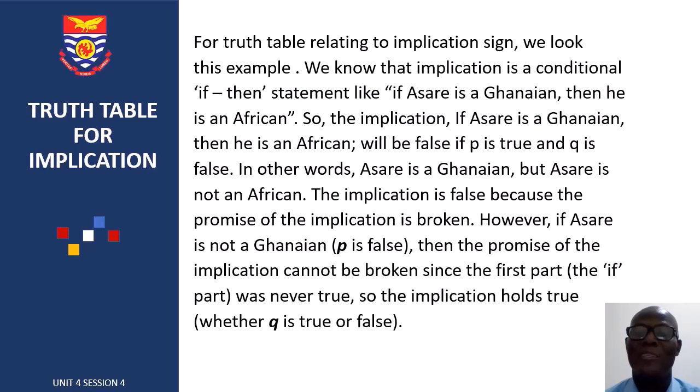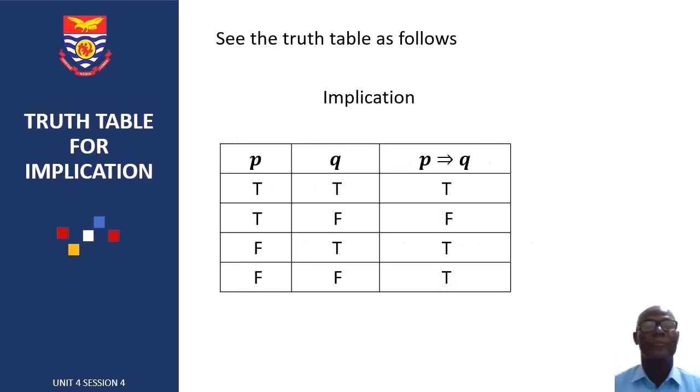The other option is that Asare is not a Ghanaian, and Asare is not an African. If Asare is not a Ghanaian, then it implies he is not an African, which may be true. So even though the two statements are false, the implication is true. Let us look at the truth table in the next slide.